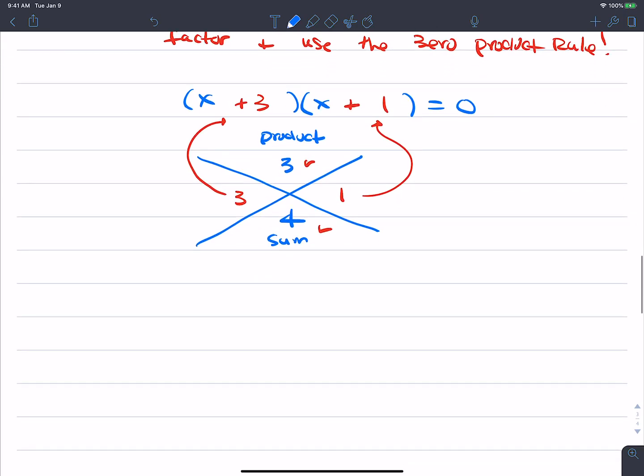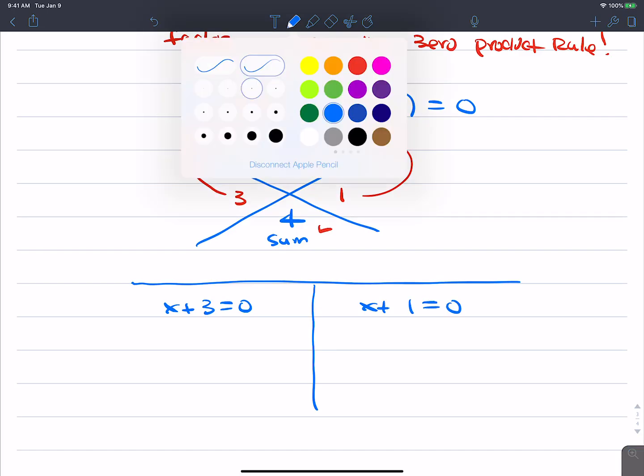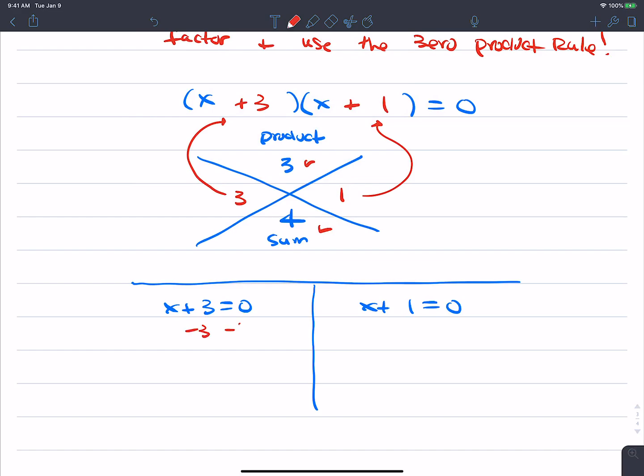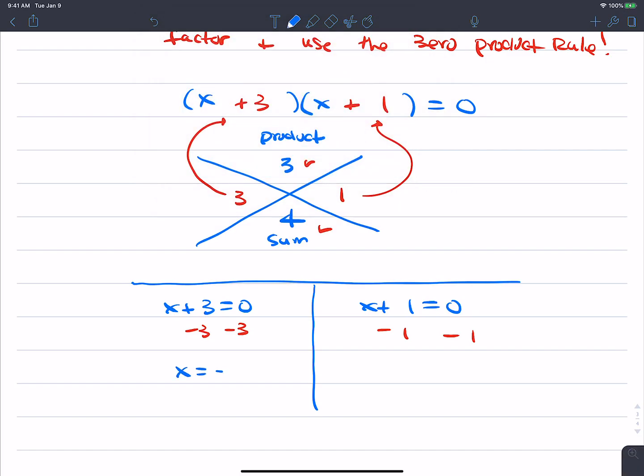Now the zero product rule. x plus 3 is 0. What else? x plus 1 is 0. So you subtract 3, subtract 1, and what do you get as answers? x is negative 3. x is negative 1.